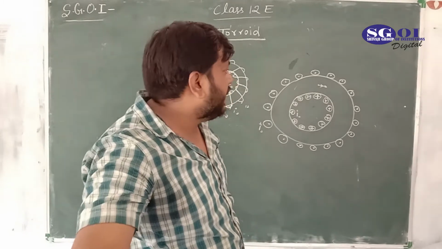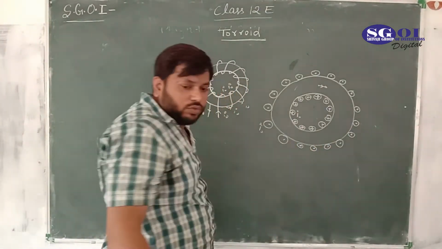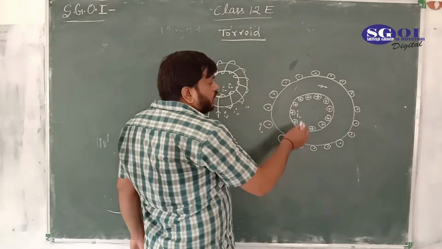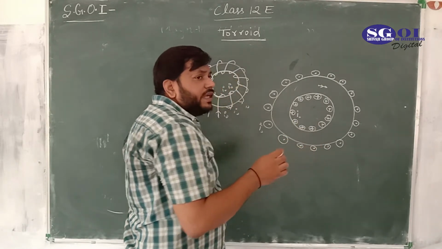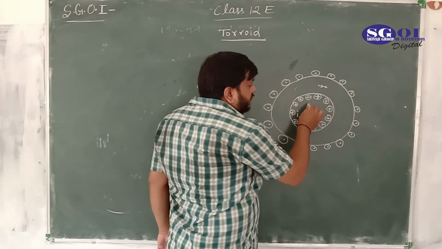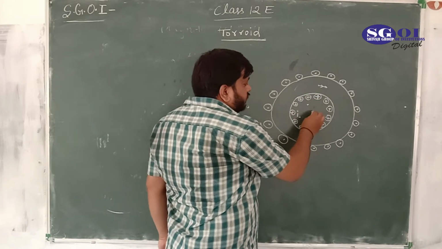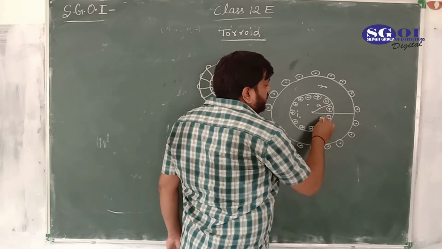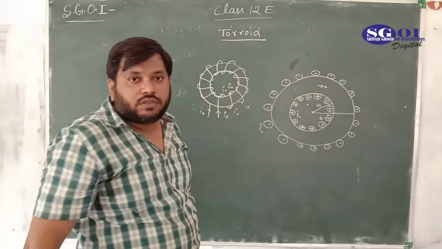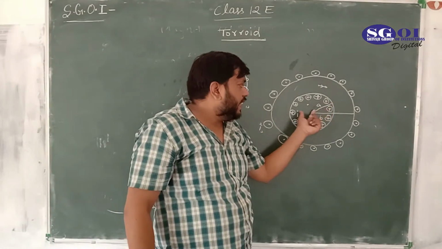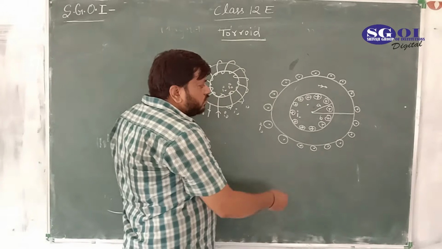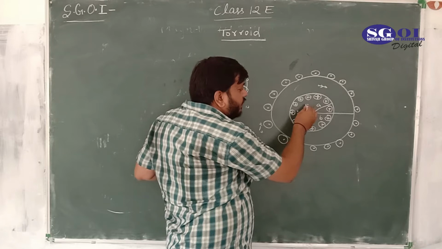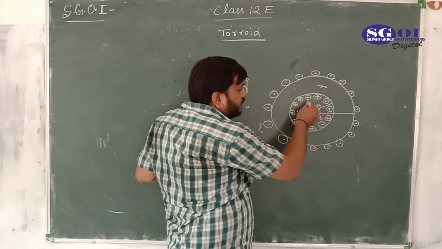So let's start to derive. Let's say an amperian loop. First of all, we want to derive the magnetic field inside, at a point, let's say here. For this, let's assume this is A and this is B. The radius of the lower part is A and the upper part is B. And we want to find the magnitude of the magnetic field at this point, and for that we would take the amperian loop.